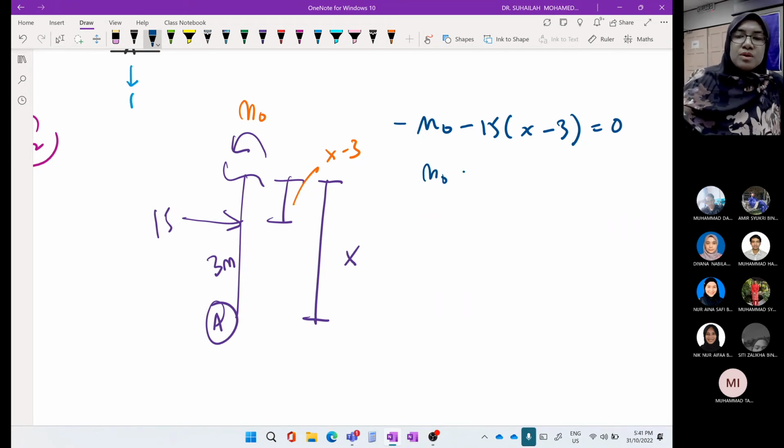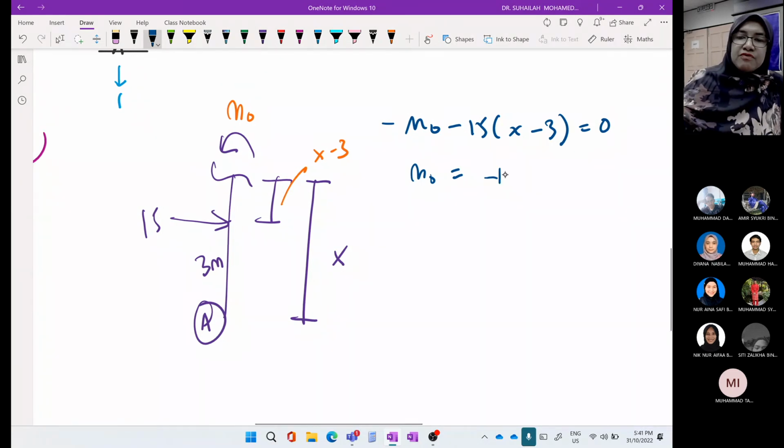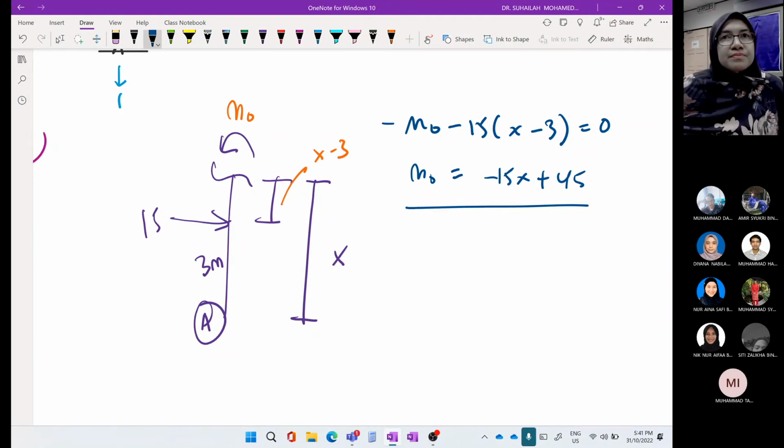So M naught equals negative 15X plus 45. Okay?